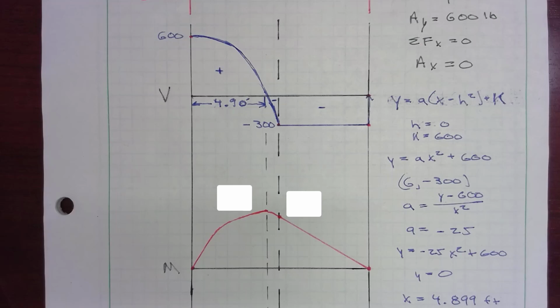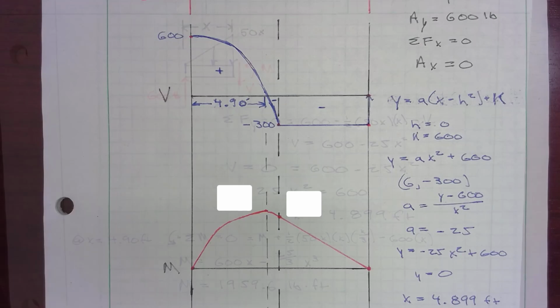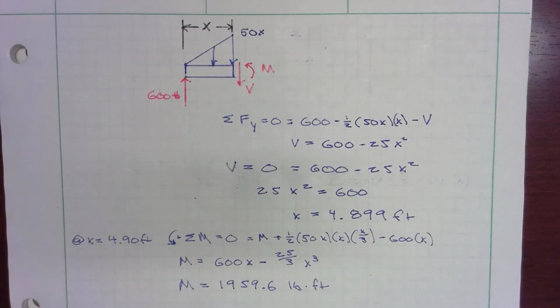All right, so now we're going to find what that moment is there. I want to find out the moment at 4.90 feet. So I'm going to do the summation of moments, set it equal to 0, and I get M plus 1/2 (50x) times x.